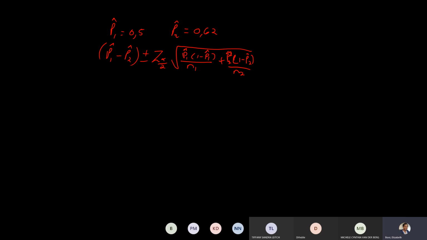And substituting into the formula, we get P1 is 0.5 minus P2 of 0.62, plus or minus, we did calculate our critical value. Remember, we found it was 1.96. So just use 1.96.